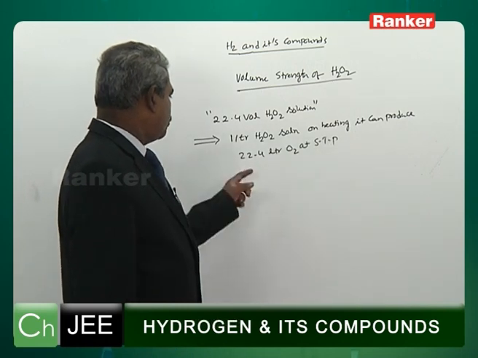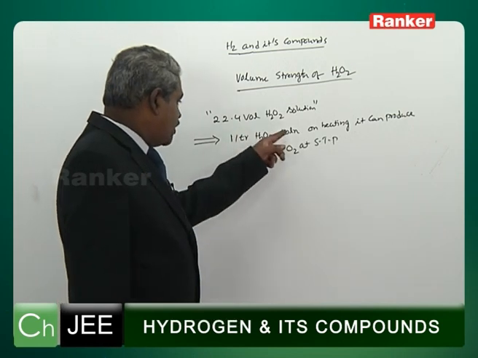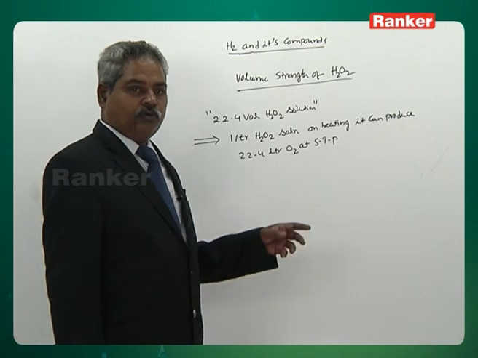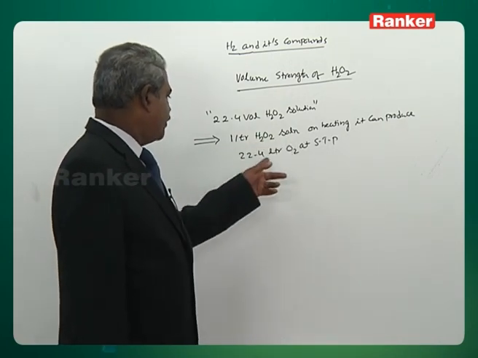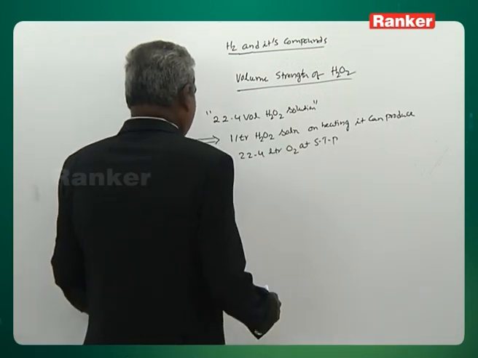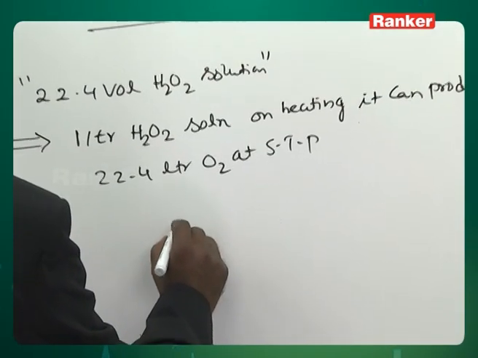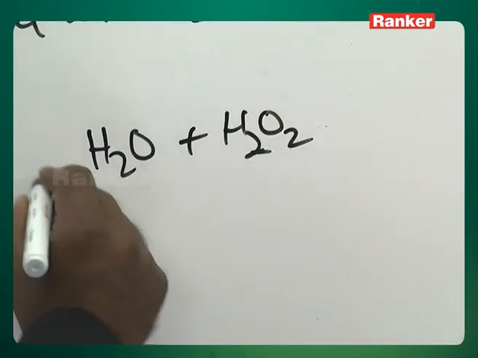You may be surprised how to get 22.4 liters from 1 liter. Remember, this is a solution, this is a gas at STP. So, volume of a gas can be anything. So, 1 liter H2O2 solution giving 22.4 liter oxygen at STP. Now, what does that mean? H2O2 solution, you have H2O plus H2O2, right?